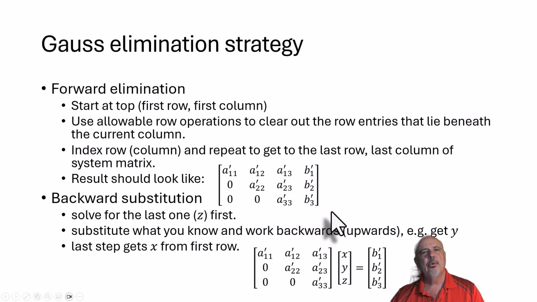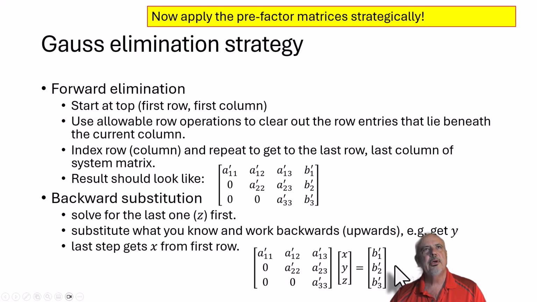And then once I get that, I can go back to this form and do a backward substitution, where I solve for Z first, then Y, because I would know Z, and then I solve for X last. So that's what we're going to try to do here.